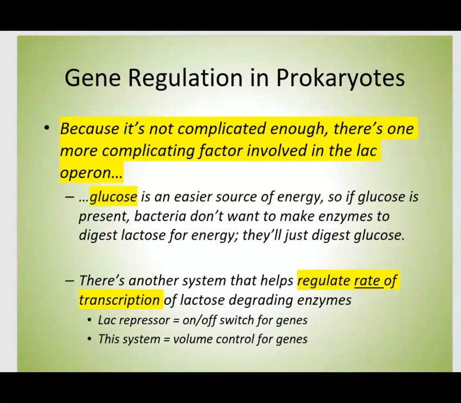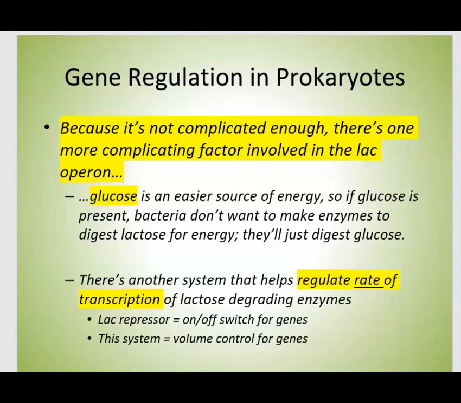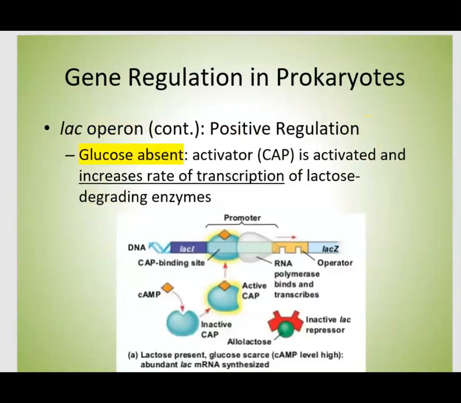The other little wrinkle is that there's another system for controlling the rate of transcription of lactose degrading enzymes, which is sort of like a volume control. In the case of this glucose situation, if the bacteria don't have glucose, they're going to need to use lactose, so they are going to need the lac operon to be working.